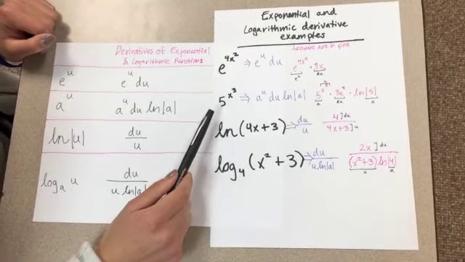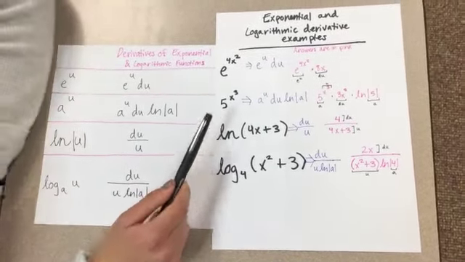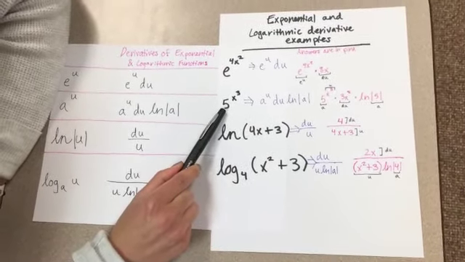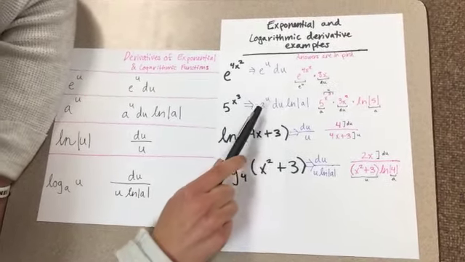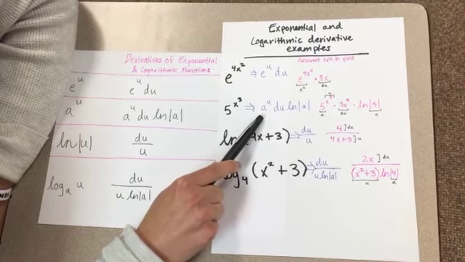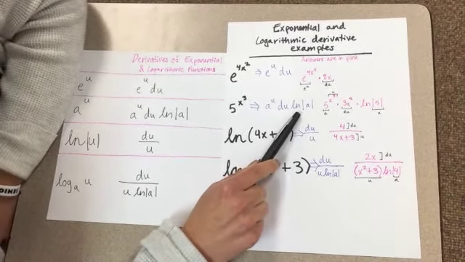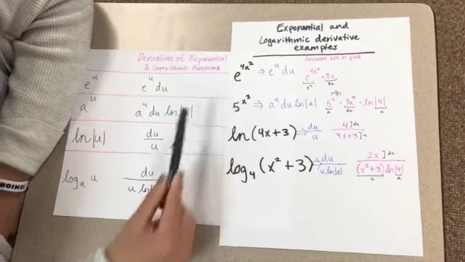Now we're going to do a to the u derivatives for an example. This first example here is 5 to the x cubed. Remember that the derivative of a to the u's is a to the u du times the ln of a, and a is going to be our constant.